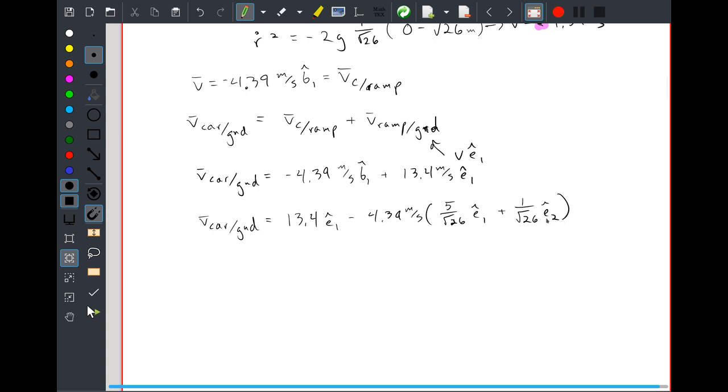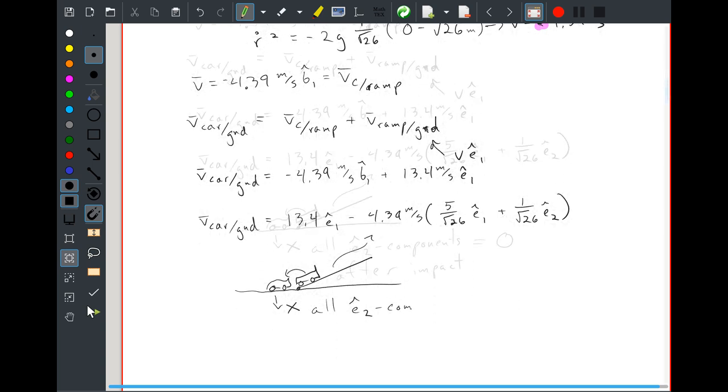This is describing what's happening when the car is right here, right at the bottom of the ramp. We want to know what happens when it leaves the ramp. And once it gets to this point, there's a constraint that it can't have any component going downwards. So any E2 component that's left has to go to 0.